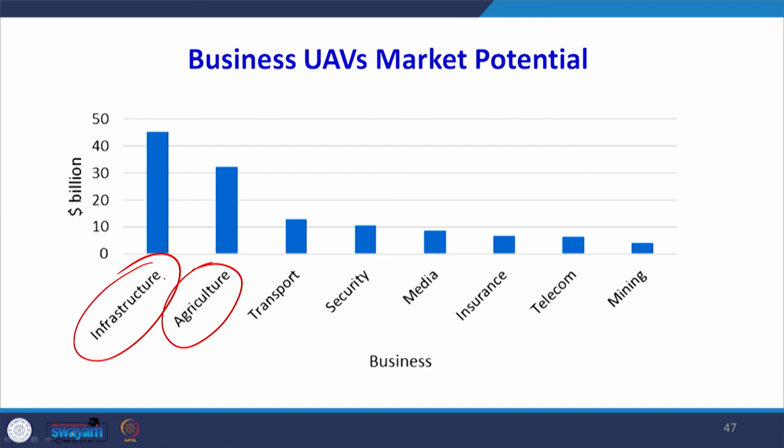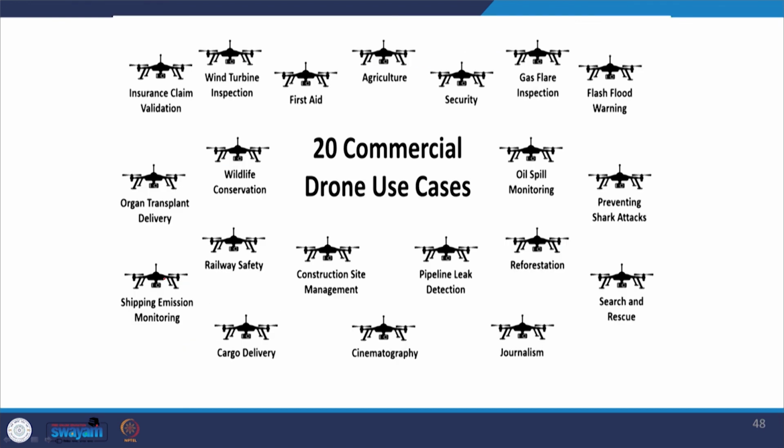So, this slide shows that where the potential exists, which are those areas where drone is used and planned to be used in the future, and there are some commercial cases, these areas which have been identified where drone could be further explored. That is all.